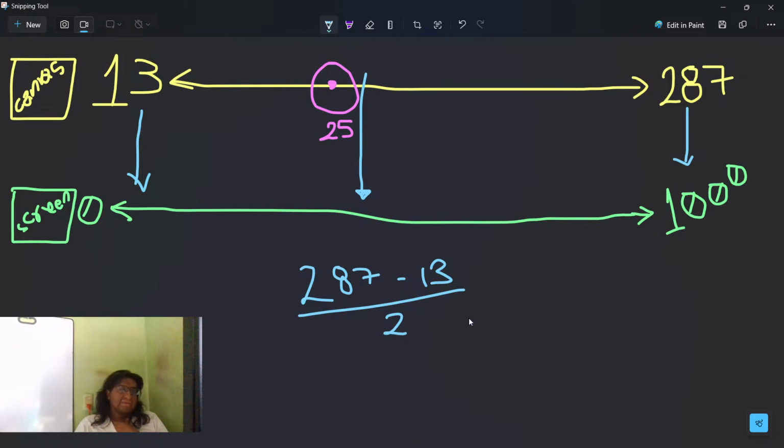This is like algebra, you know, analytic geometry. Oh, 77, 77 minus 374 divided by 2.